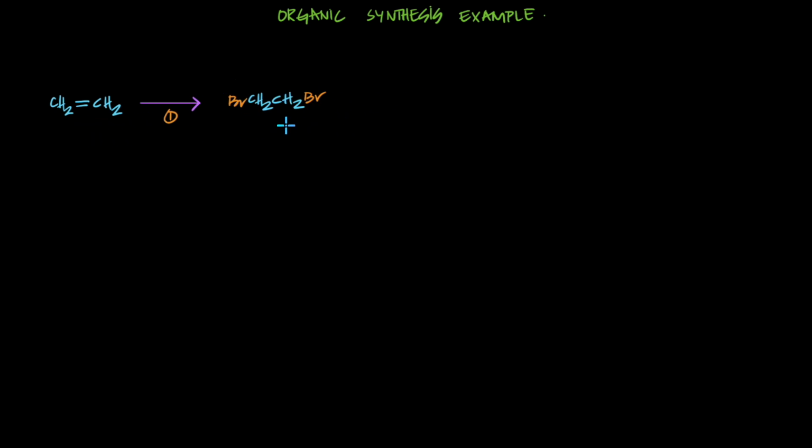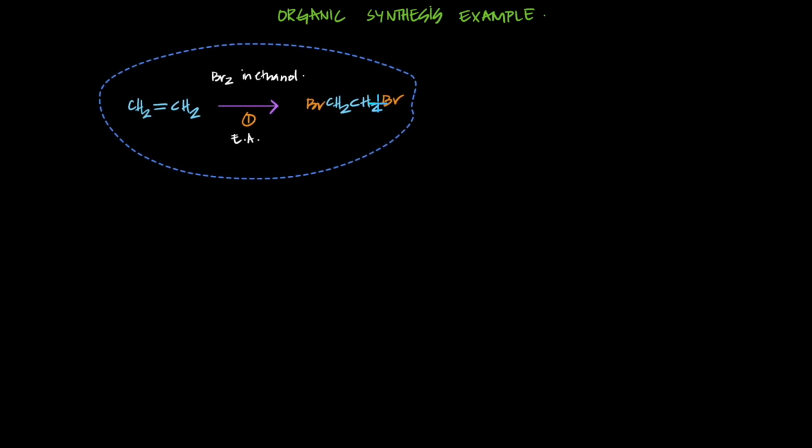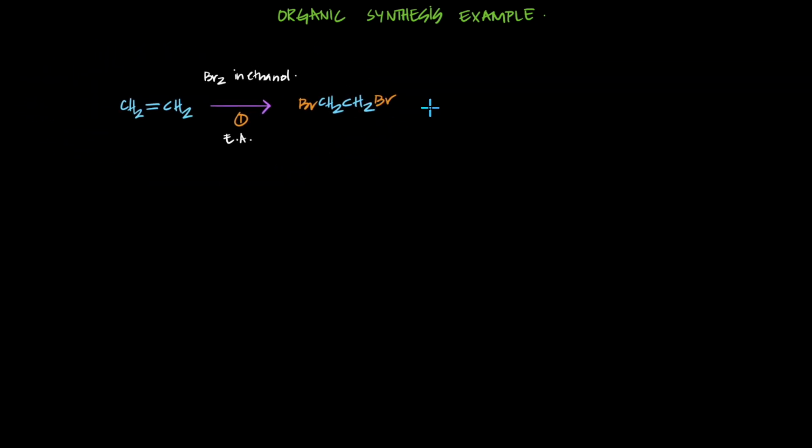The way to do this, and I'm going to write the reagents in white, is that you need Br2 in aqueous or ethanol or gas. And that's it. That is electrophilic addition. Now, I might move this a little to this side, and I'll tell you why later.